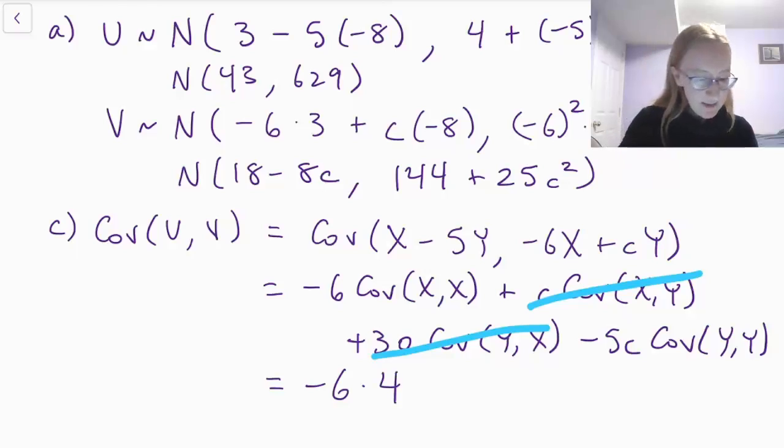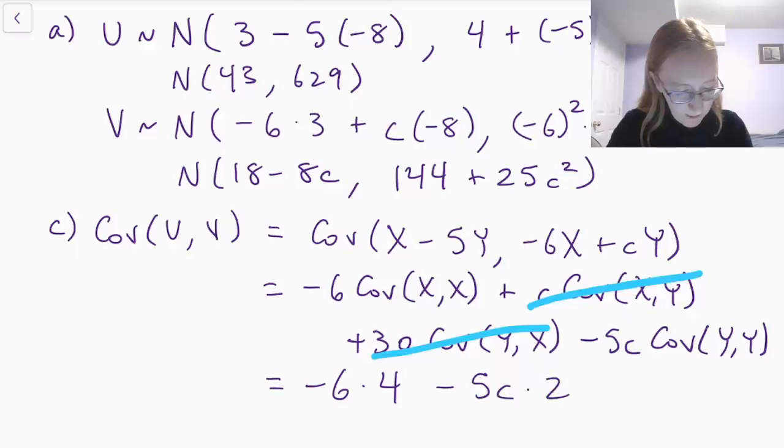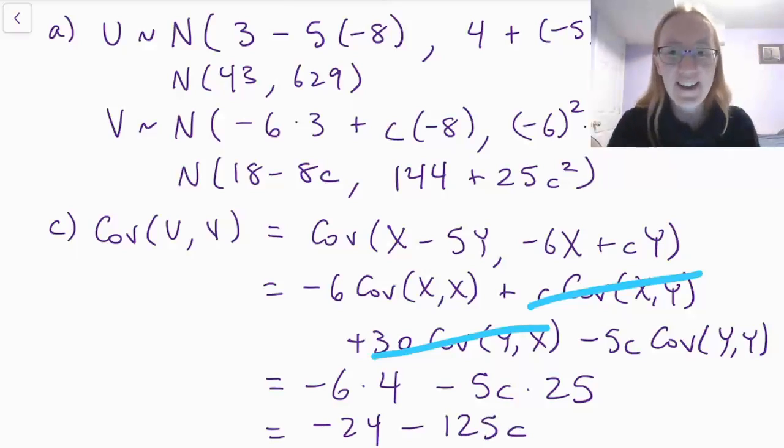And then minus 5c times the variance of y, and the variance of y was, I believe, 25. So minus 5c times 25. We can put that all together: they're both negative, so we get negative 24 minus 125c. Hooray, we have a covariance.